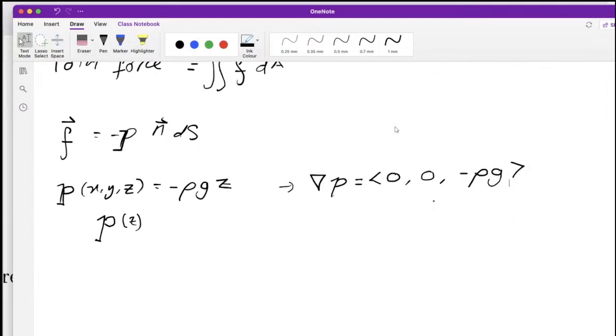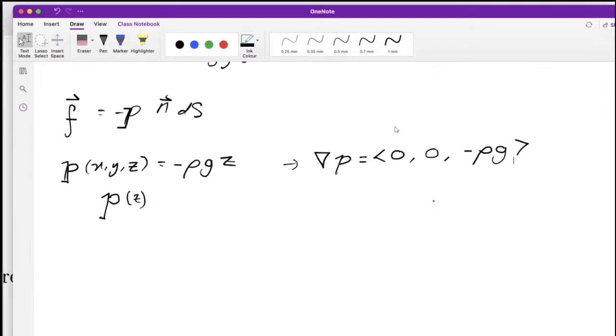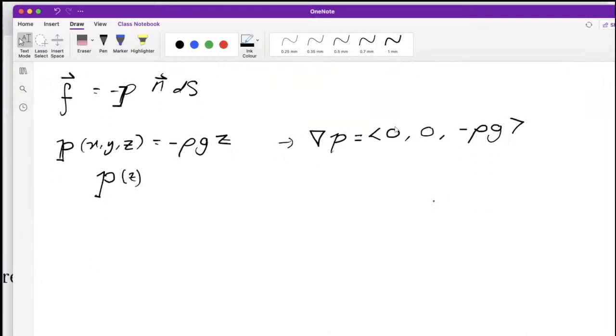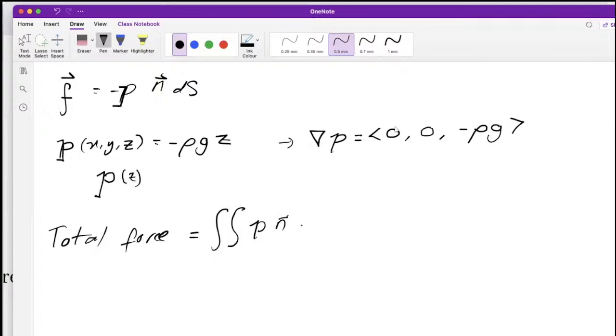So now what I have is the total force. The total force is defined by this double integral of pressure times n ds.